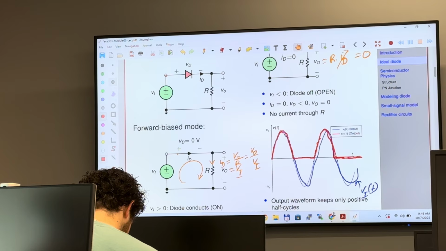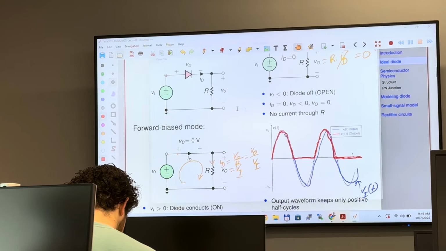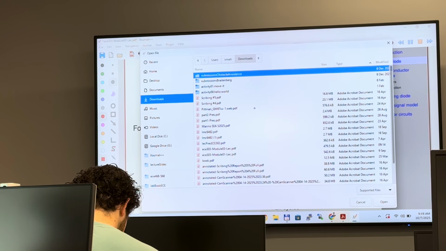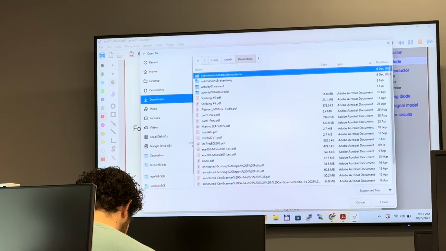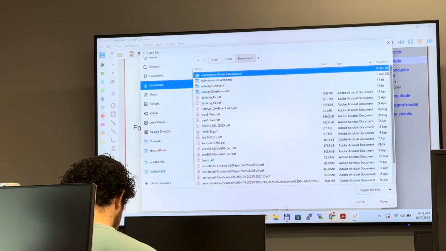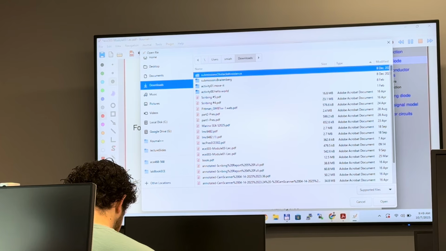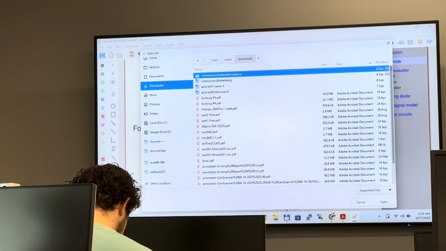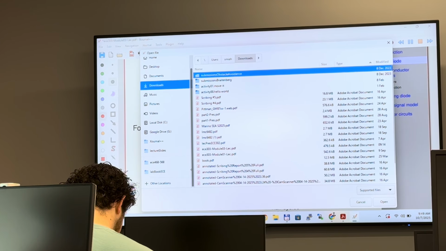Now I'm going to move on to the laboratory handout. This laboratory handout, I modified slightly. Still, I'm going to modify from my laboratory book that I used for some other courses.